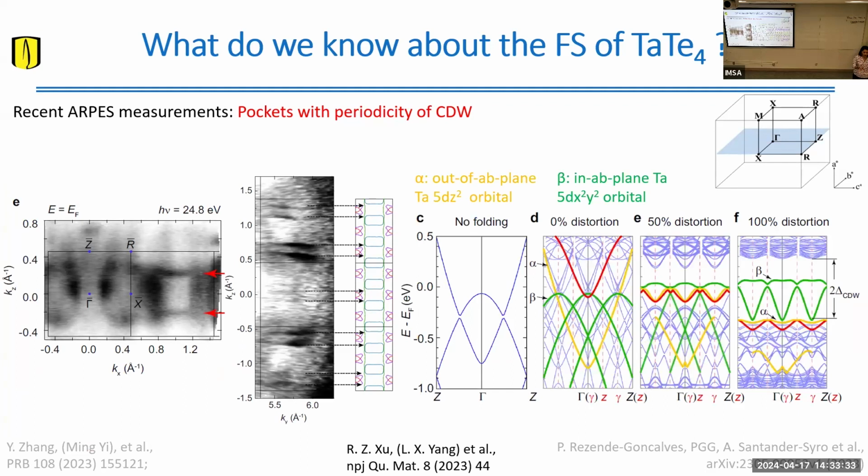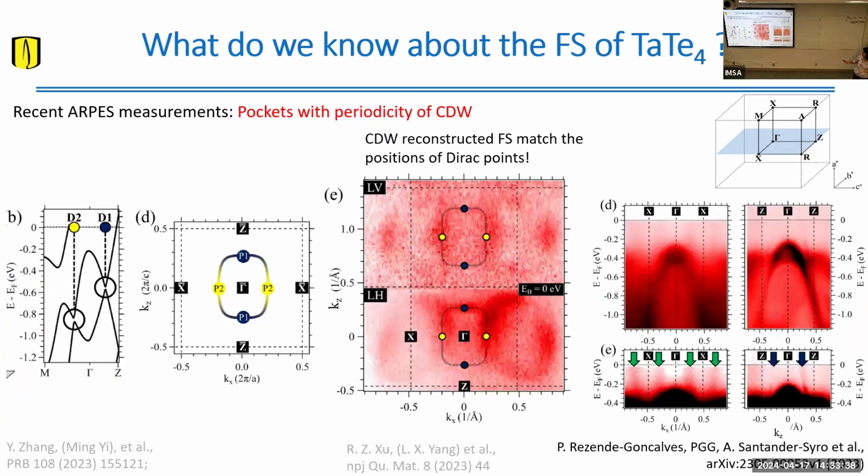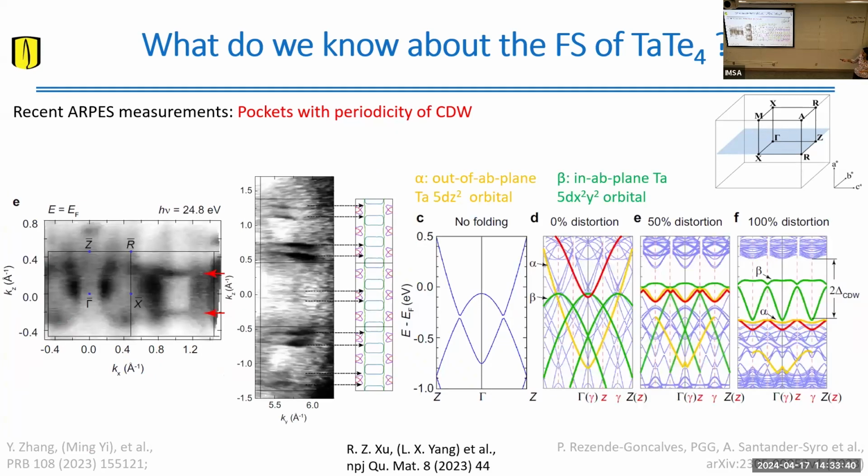And they calculated the band structure for the system, and they realized that these two bands that cross here and form these Dirac points actually have different orbital character, and these bands get reconstructed differently depending on the orbital character. Meaning the orbitals that have a large c component get reconstructed more aggressively than the ones that have an in-plane component. So they call it orbital selective charge density wave reconstruction for this material.